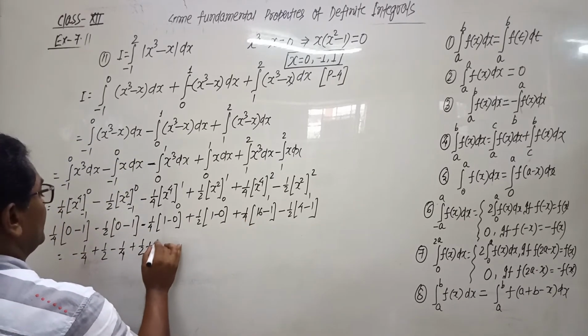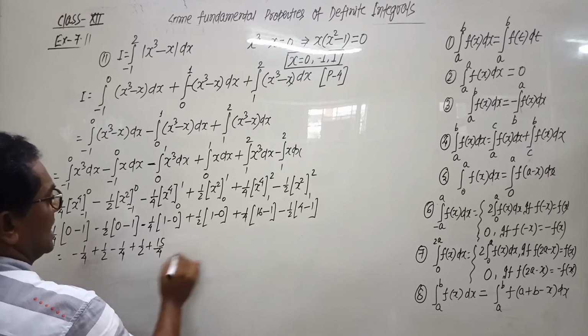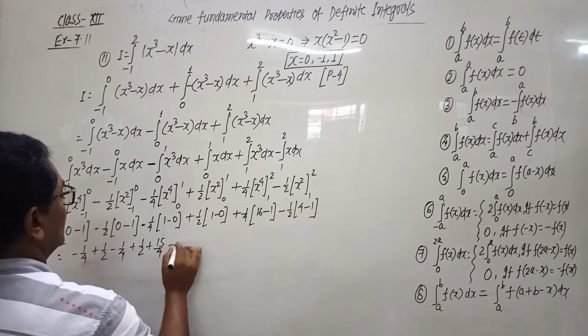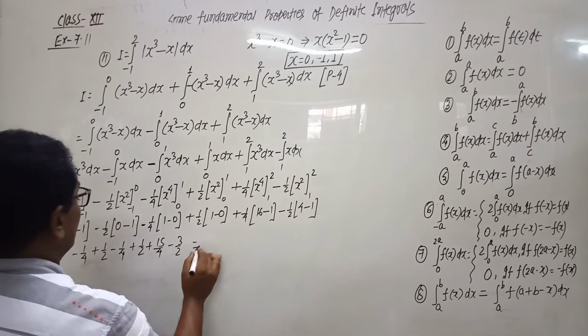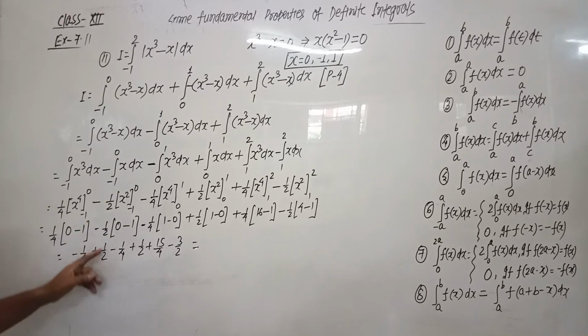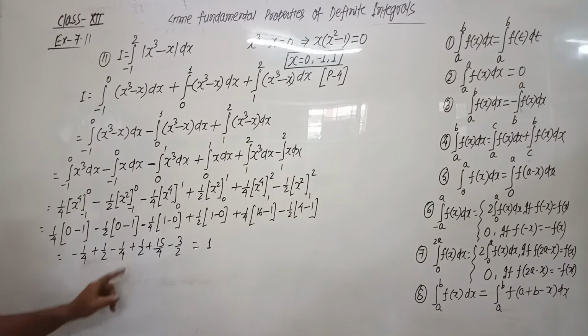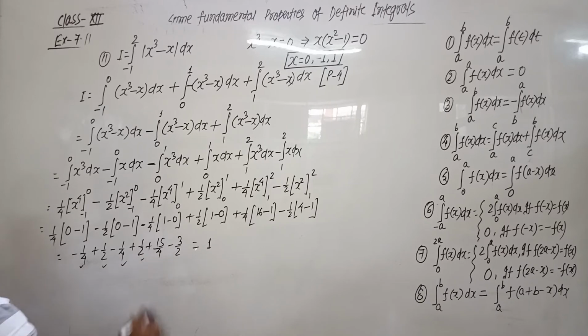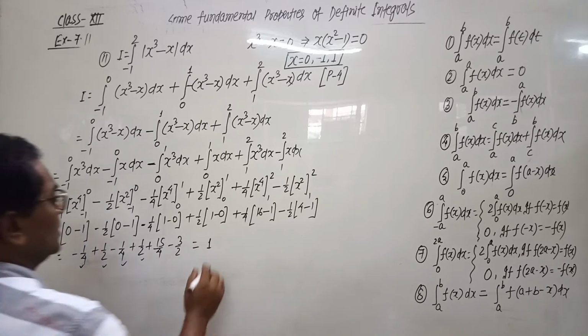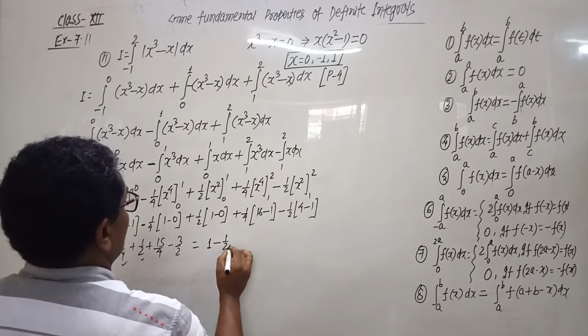So plus 15 by 4, and 4 minus 1, 3. So minus 3 by 2. Then 1 by 2 plus 1 by 2, 2 by 2, it becomes 1. Minus 1 by 4, minus 1 by 4, it becomes minus 2 by 4. So minus of 1 by 2.